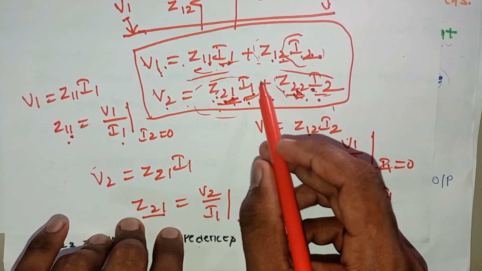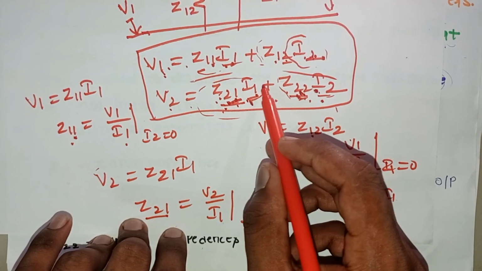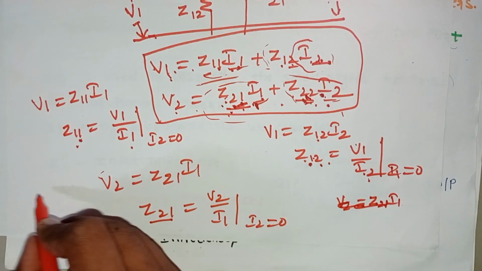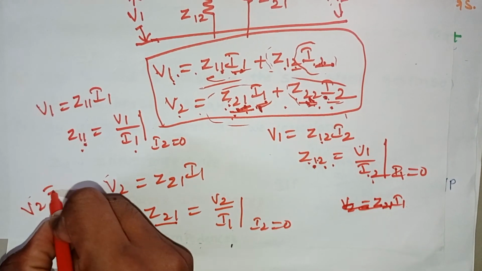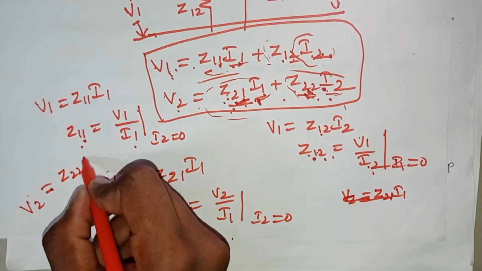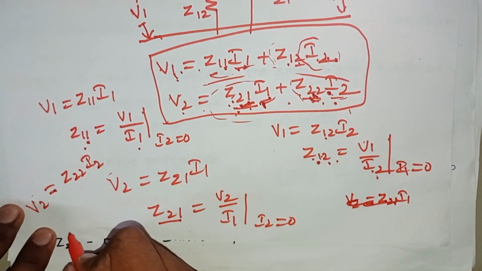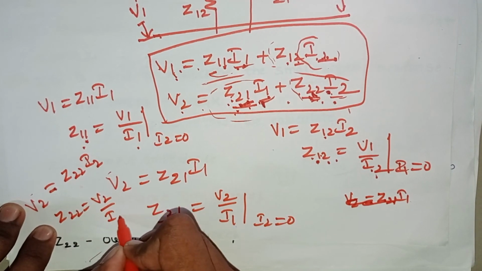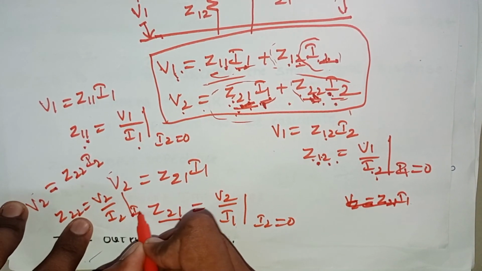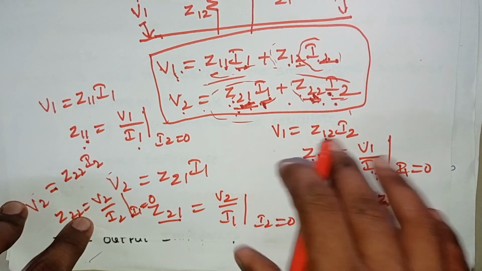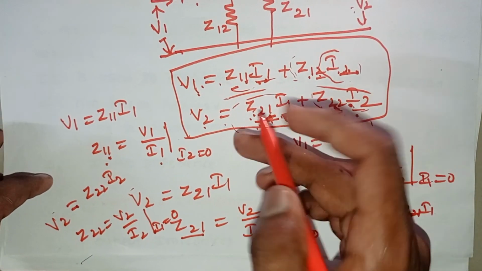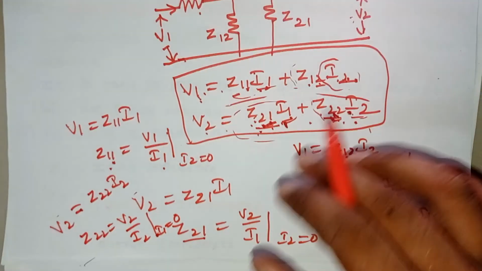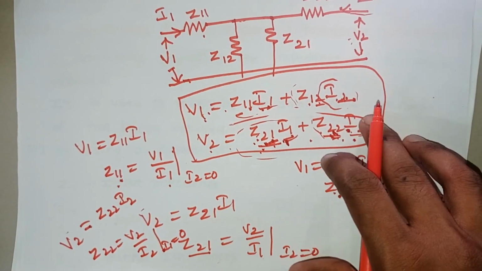That's why we assume I1 equal to 0. Whenever I1 equals 0, this term becomes 0. Then we have the equation V2 equals Z22 I2. From this, Z22 equals V2 by I2 when I1 equals 0. This is how to find the Z11, Z21, Z12 and Z22 values in Z parameters. Thank you for watching this video.